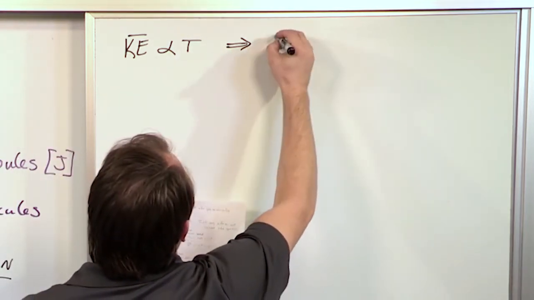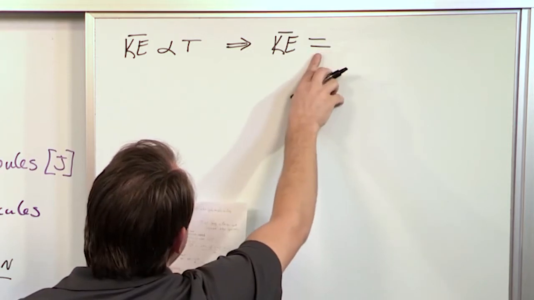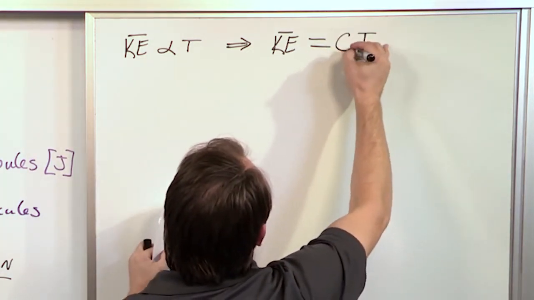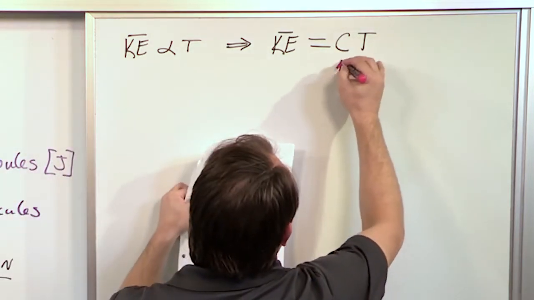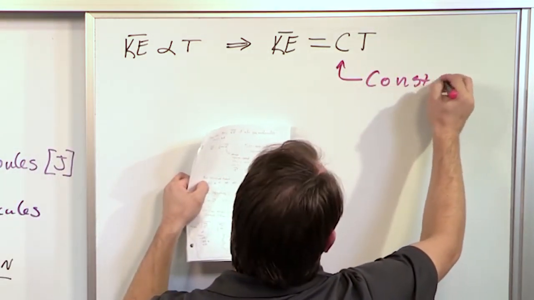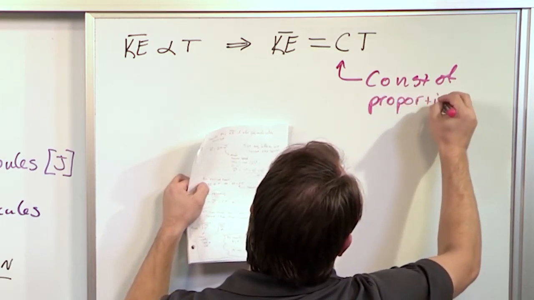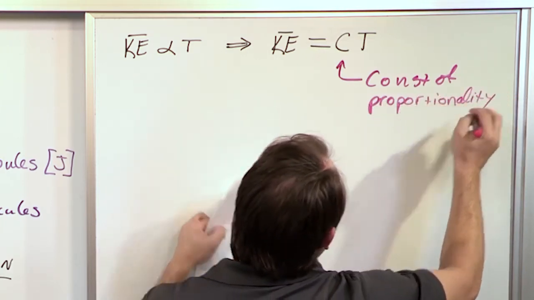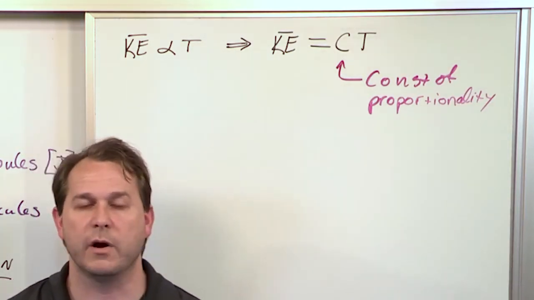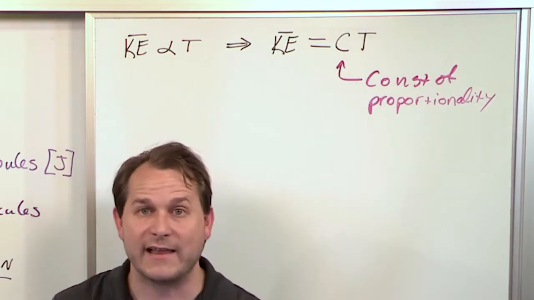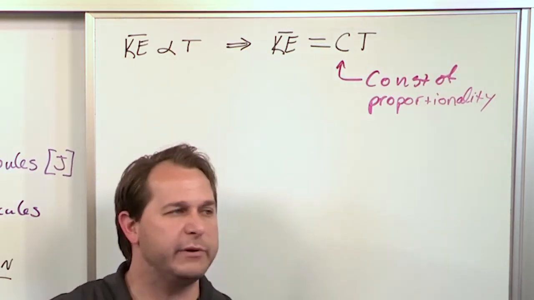If we want to remove that, we can say that the kinetic energy is equal, not proportional, equal to the temperature times some constant of proportionality. This is exactly what we've done many, many times before in Charles's law, Boyle's law, and so on. We've written down a proportionality, then taken the proportionality out, put an equal sign, and stuck a constant over there, and then we can rearrange.